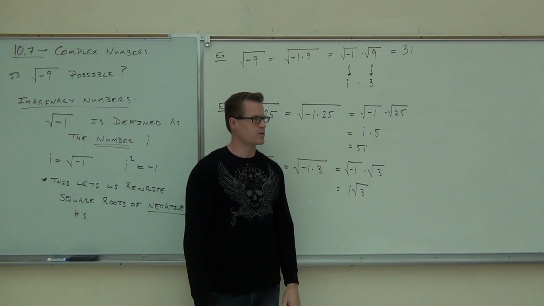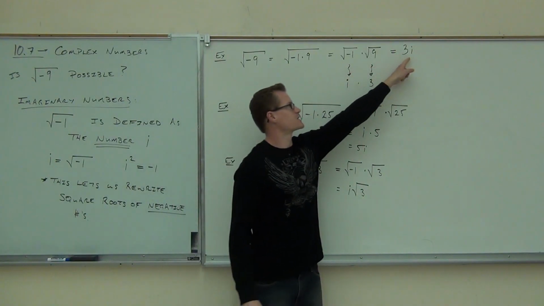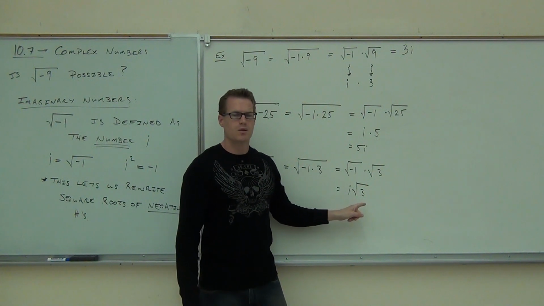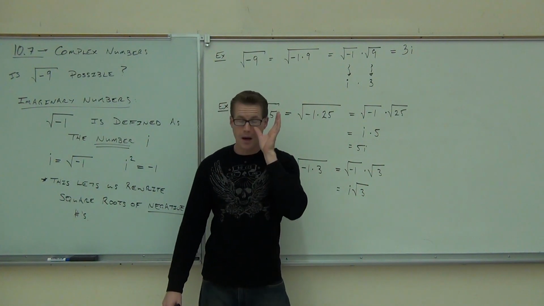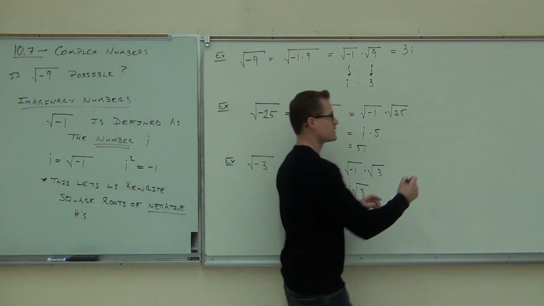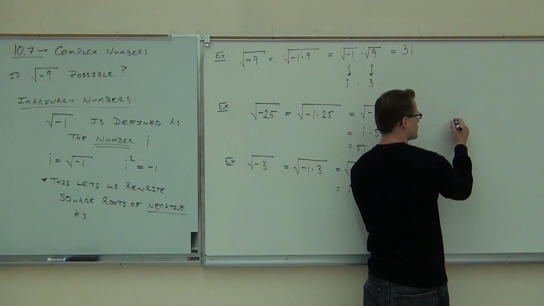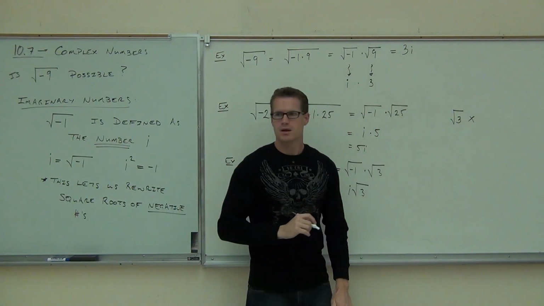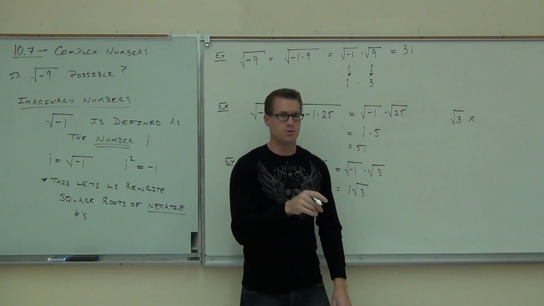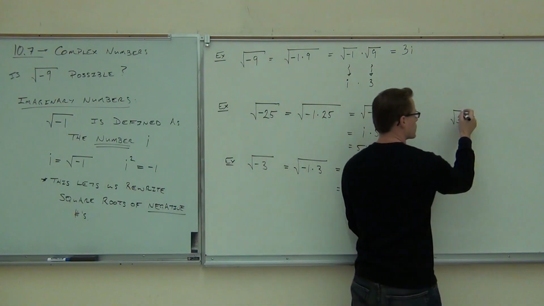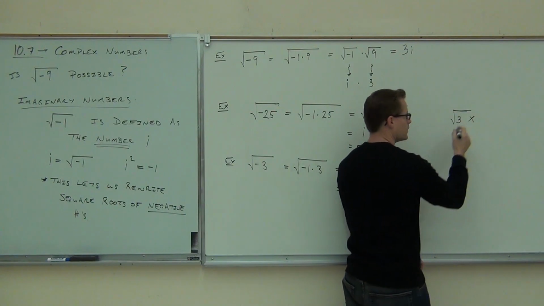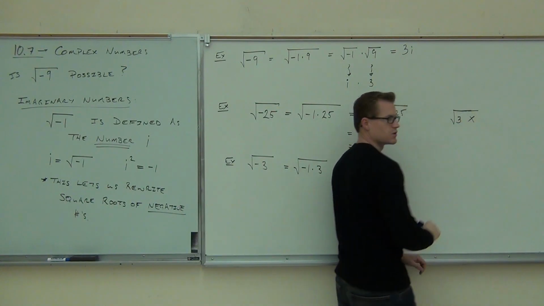Now you're probably wondering, wait a second. Here the I came second, here the I came second, here the I is coming first. What's the deal? Well, just like with variables, you probably wouldn't write square root of 3x. You know why? Because a lot of you end up making your roots a little bit longer, and a little bit longer, and pretty soon it covers the whole entire problem.